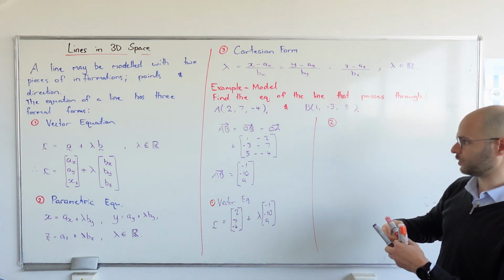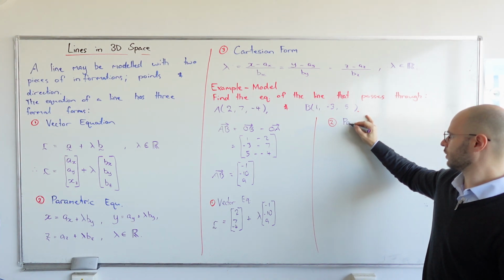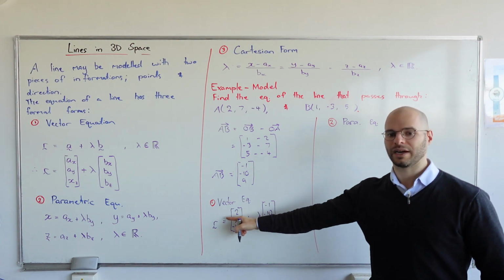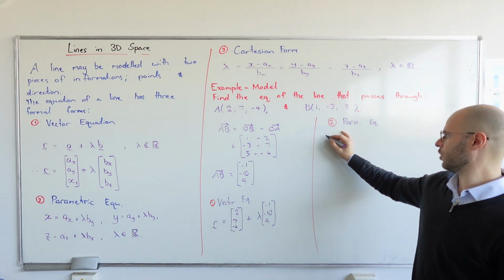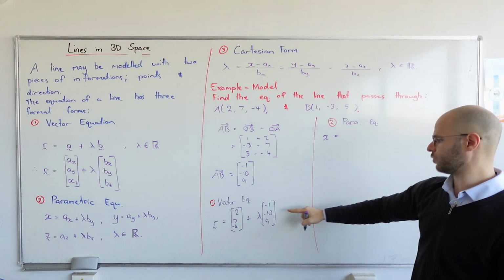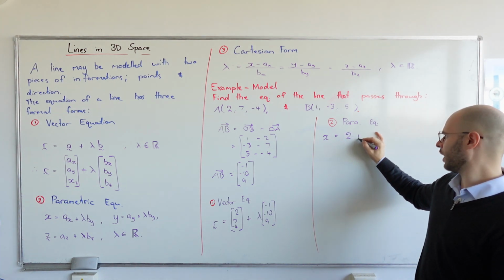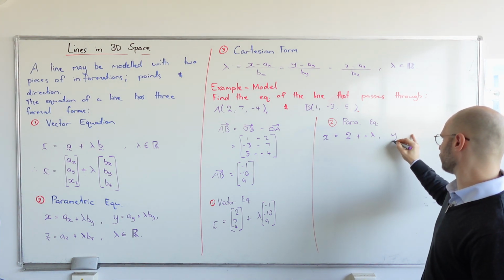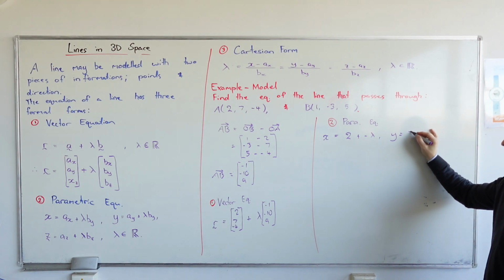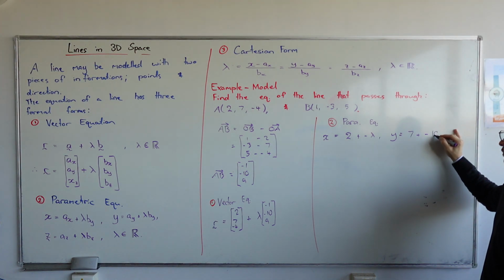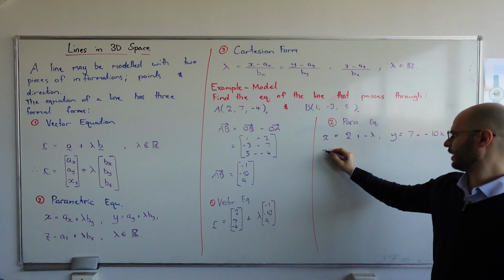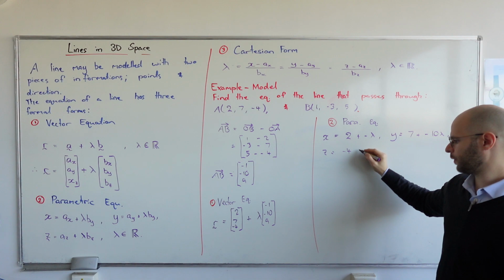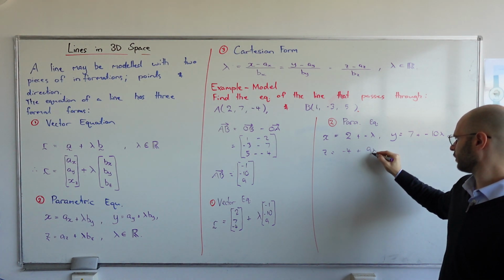Okay, next one we want to do the parametric equations. y is equal to 7 plus negative 10 lambda. z is equal to minus 4 plus 9 lambda.